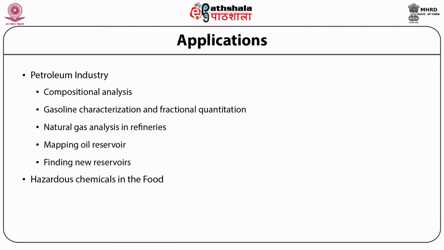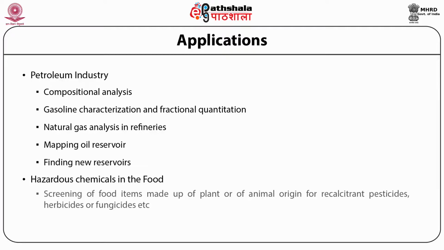Gas chromatography has been instrumental in screening of these pesticides from processed foods and food products of plant or animal origin. Special regulations are set up for baby foods, which should be devoid of any traces of pesticides.